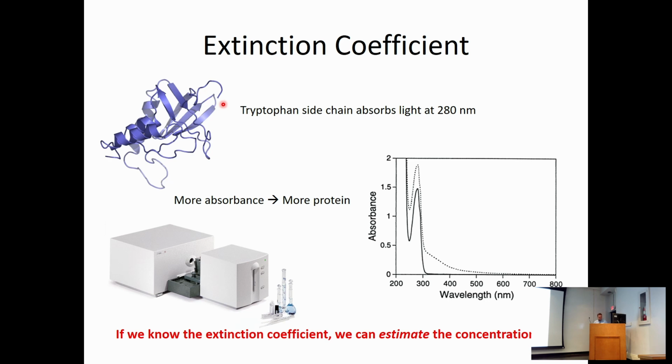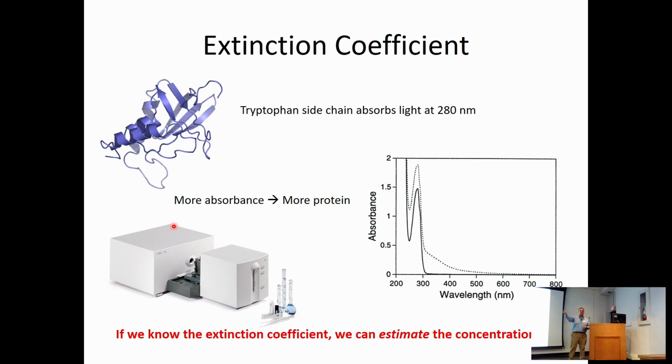And the nice thing about this is just like many of you might have done in your first or second semester general chemistry classes, if you've ever talked about Beer's law, who's heard of Beer's law before? Okay, somebody tell me what Beer's law is. Right, so there's this relationship between absorption of photons, so how much light gets absorbed, and the concentration of the molecule that you have, right?